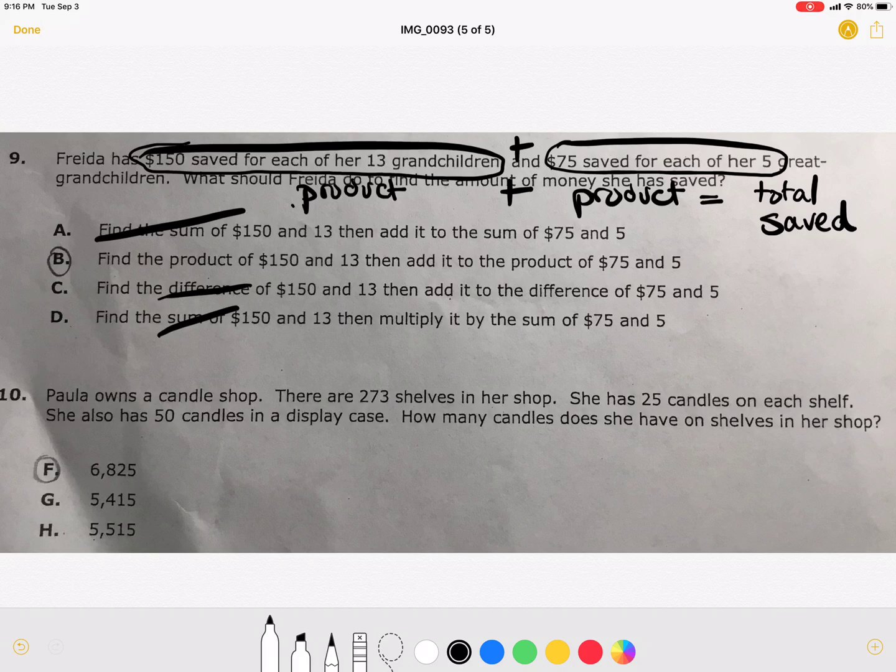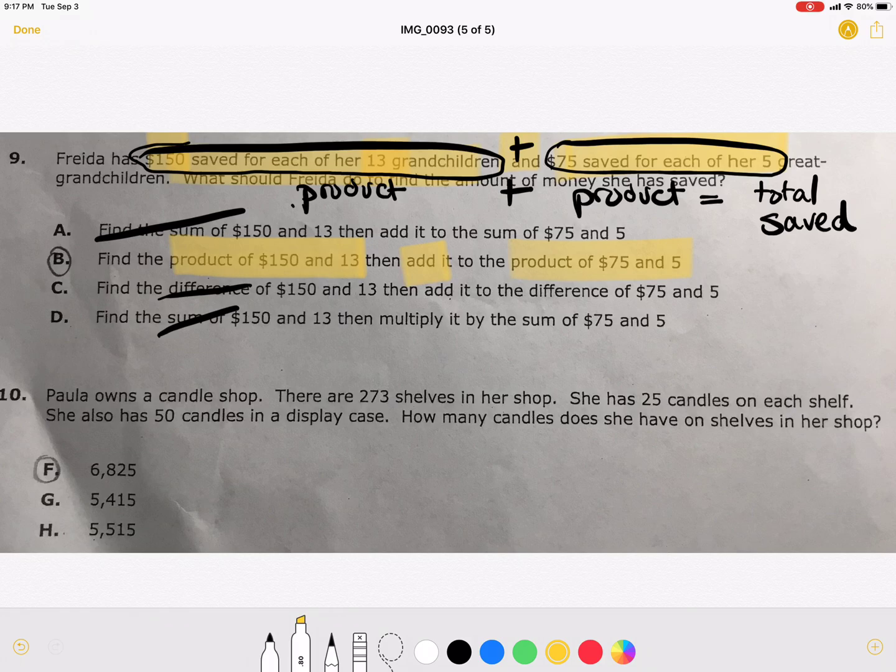But here we have a product of 150 and 13, and that's one of our questions. And then add it to the product of 75 and 5. So there we go. Number 9 is B. Frida would find the product of 150 and 13, and then she would add it to the product of 75 and 5.